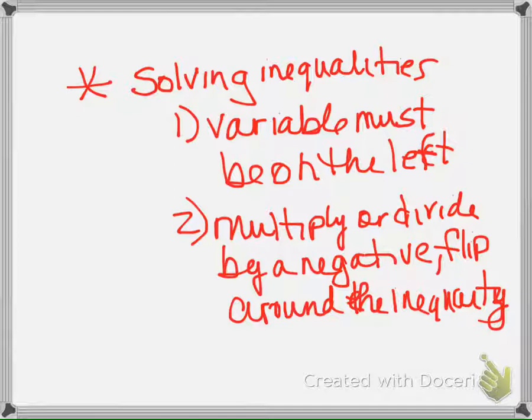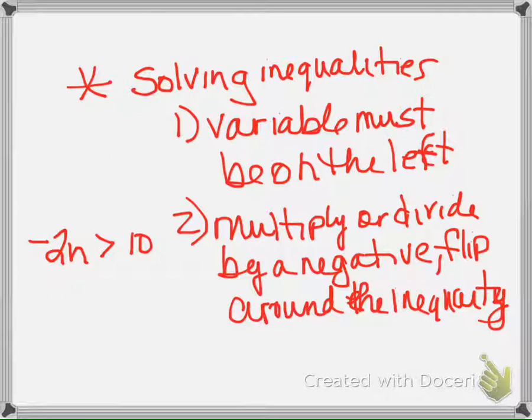If you had negative 2n is greater than 10, we have already solved one-step equations, lots of them. How do you get n alone? That's negative 2 times n.